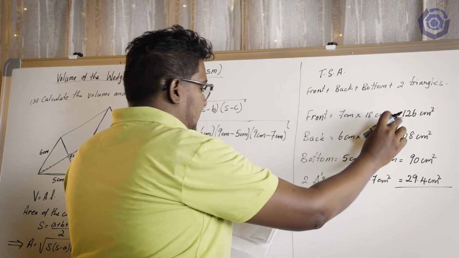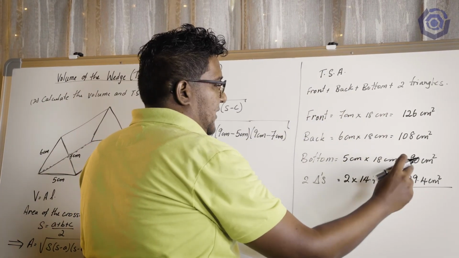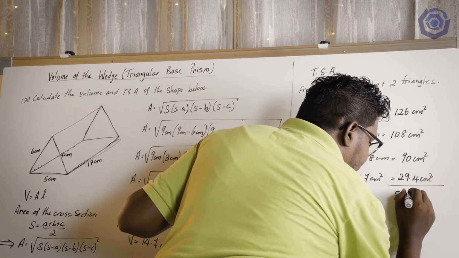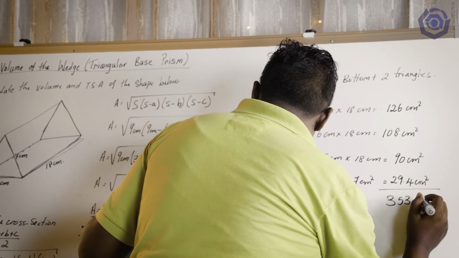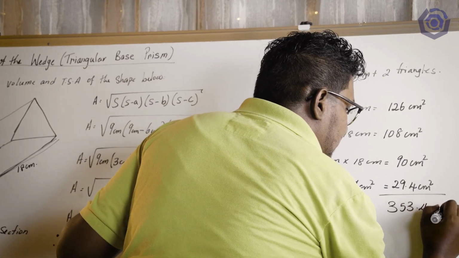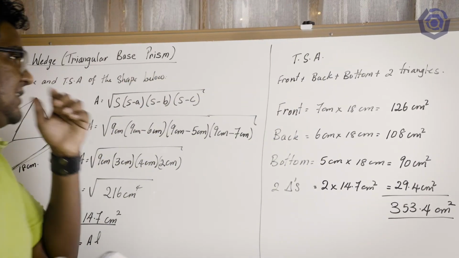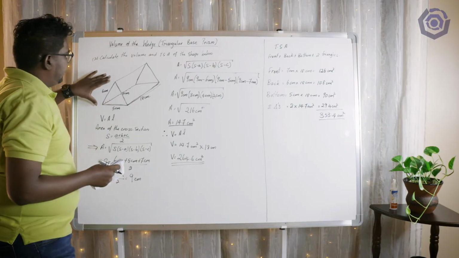Adding it up, 126 plus 108 plus 90 plus 29.4 is going to give me 353.4 cm squared. And this is the total surface area of this wedge.